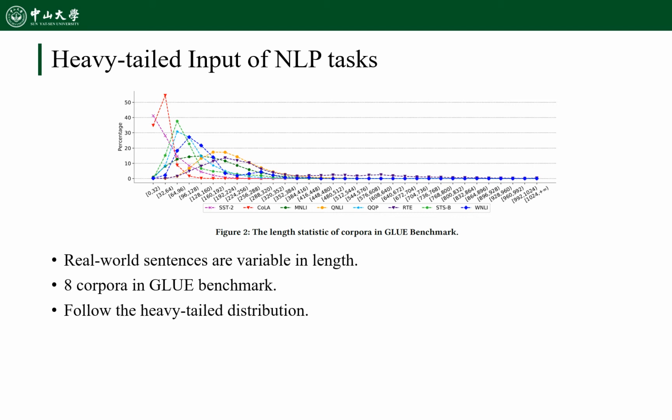The figure shows a normalized result, and we connect scatters of the same corpus to give a clear view. It illustrates that the lengths of sentences in the same batch generally vary a lot, and the mass concentrates on the short length area. In other words, the input sentence lengths of NLP tasks follow a heavy-tailed distribution.